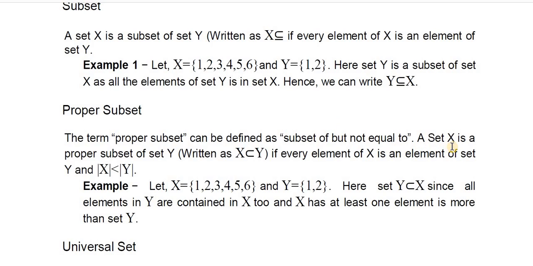So a set x is a proper subset of y written as x subset y if every element of x is an element of set y and cardinality of x is less than cardinality of y.